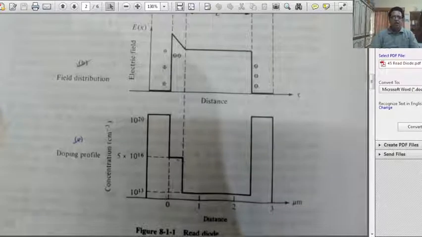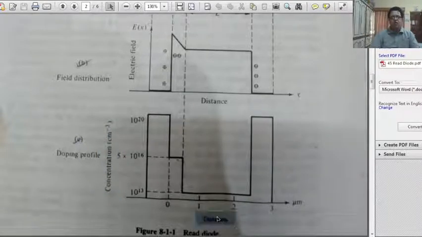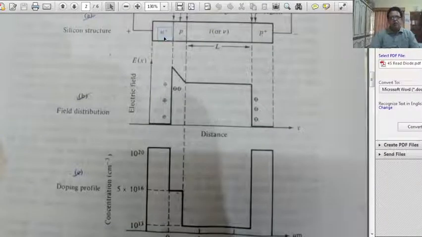Similarly, if you see the doping profile, concentration per centimeter cube versus distance, we see here from N plus high doping, P plus high doping, and low doping.